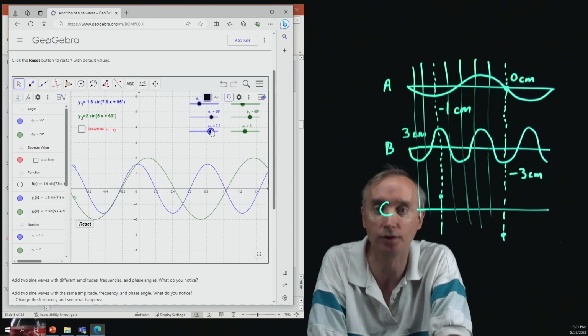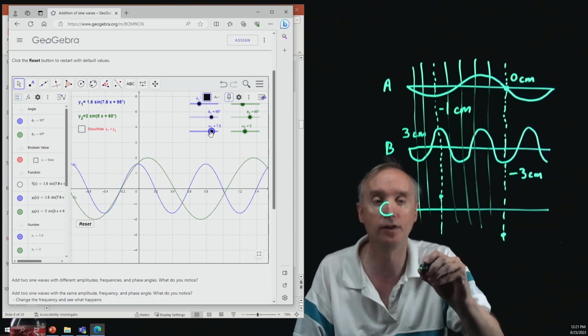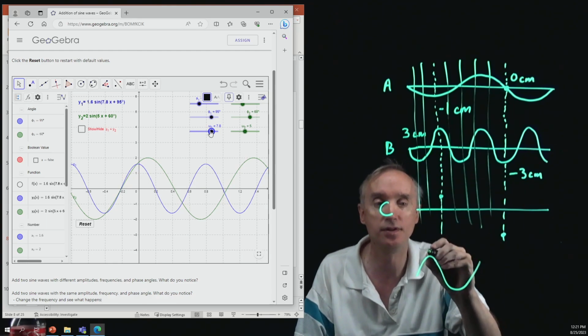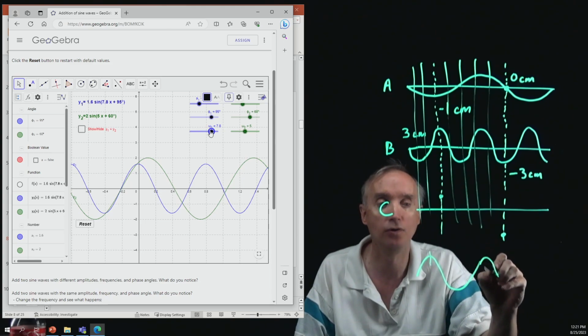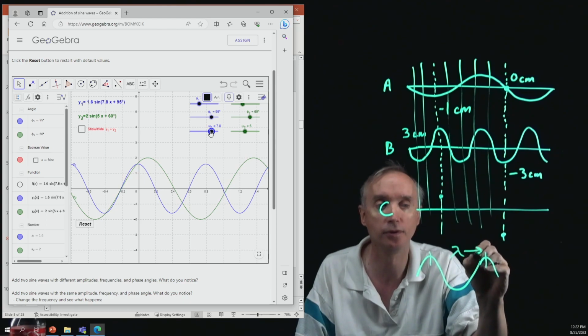So what does this one do? Well, you can see that it's scrunching it up and making it larger. We could say that it's changing the wavelength. The wavelength is the distance from here over to here, the wavelength lambda.